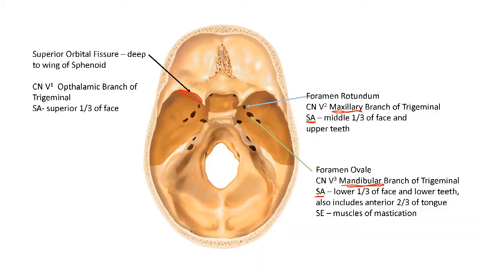It also includes the anterior 2/3 of the tongue. One thing to remember about getting your teeth fixed, like a filling on the lower, is that if they numb it to work on your teeth, your tongue is also numb and you can bite it without feeling it. But we also get this SE for the muscles of mastication because it's going to the mandible.